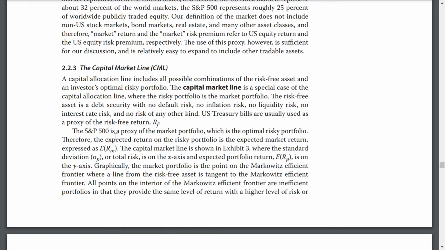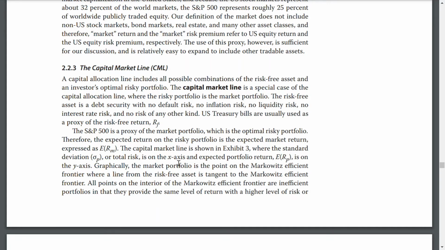U.S. Treasury bills are usually used as a proxy for the risk-free return. The S&P 500 is a proxy for the market portfolio, which is an optimal risky portfolio. Therefore, the expected return on the risky portfolio is the expected market return, expressed as E(R_M).